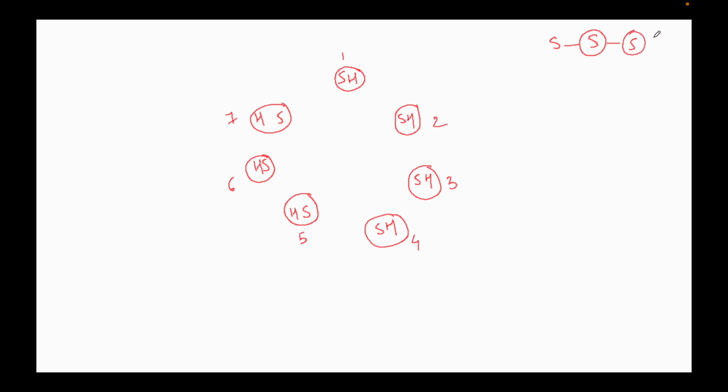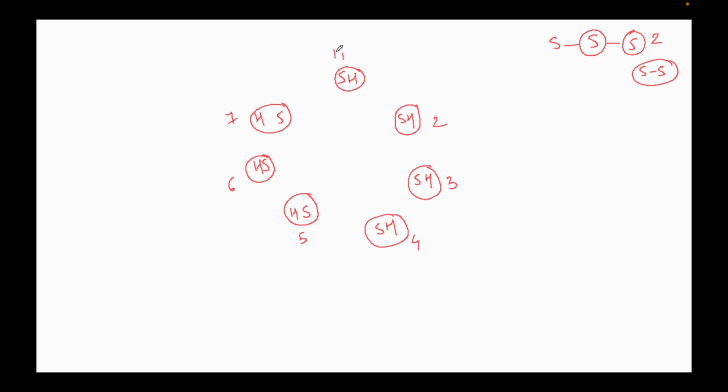Because the valency of sulfur is 2, so in a protein it can form only one disulfide bond. So once I draw a bond between 1 and 2, then 1 and 2 cannot form other bonds with the rest of the residues.